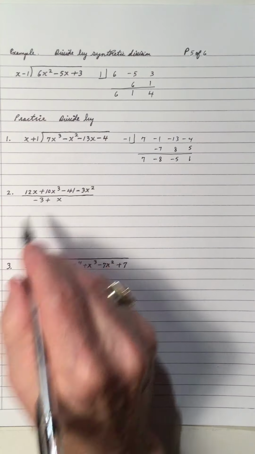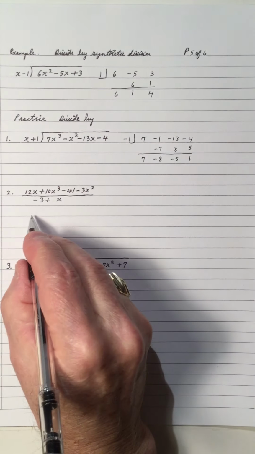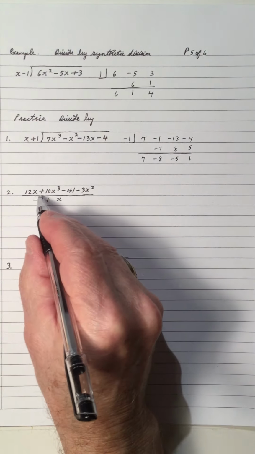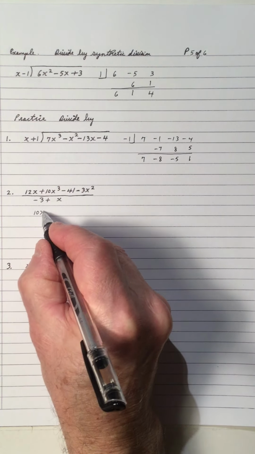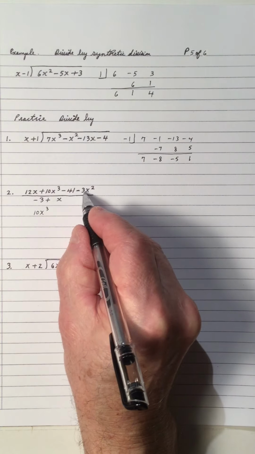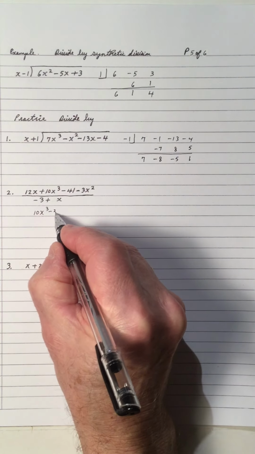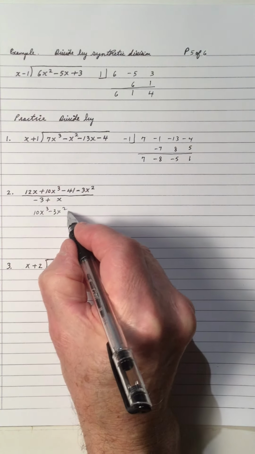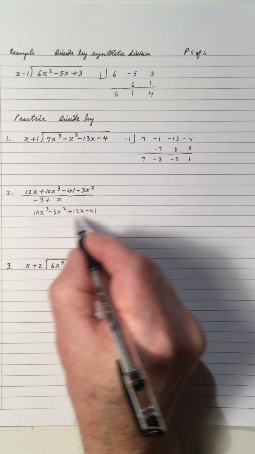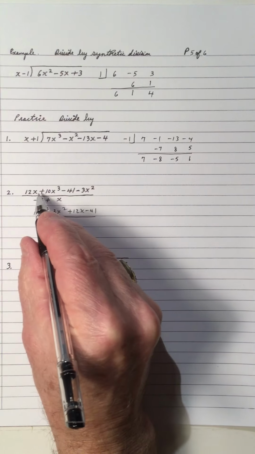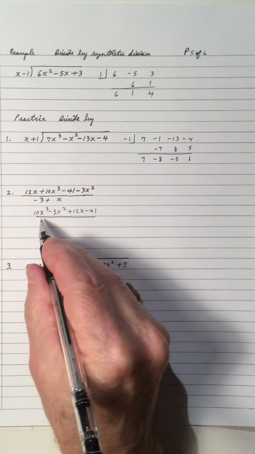Now notice here that it's not in descending order. So I have to go 10x cubed, minus 3x squared, plus 12x, minus 41. So the numerator is in descending order.